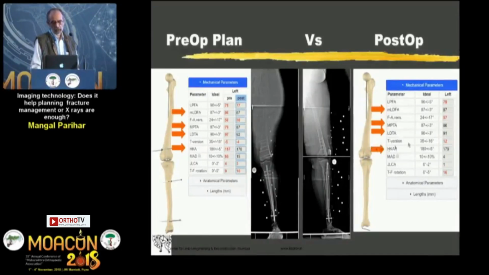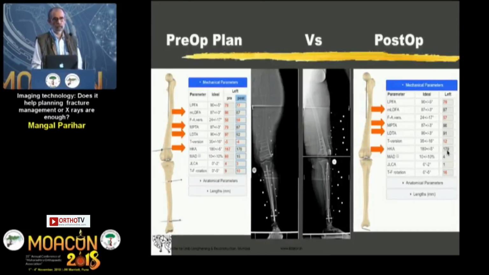Actually, in the post-op X-ray, we've got 86. LDTA was 92. We've got 91. The HKA, that is the hip, knee, ankle angle, we should have got 176. We've got 179.